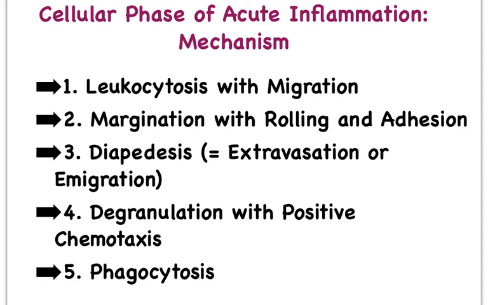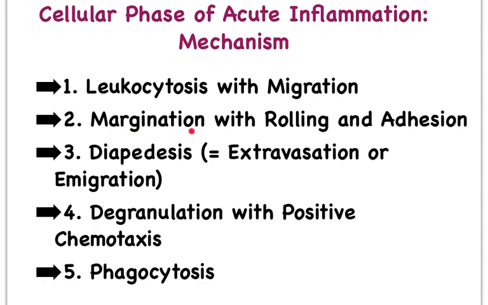We're going to see that there's going to be a significant increase in white blood cells called leukocytosis, literally meaning an increase in the number of white blood cells. They're going to be moving towards the site of injury or invasion.